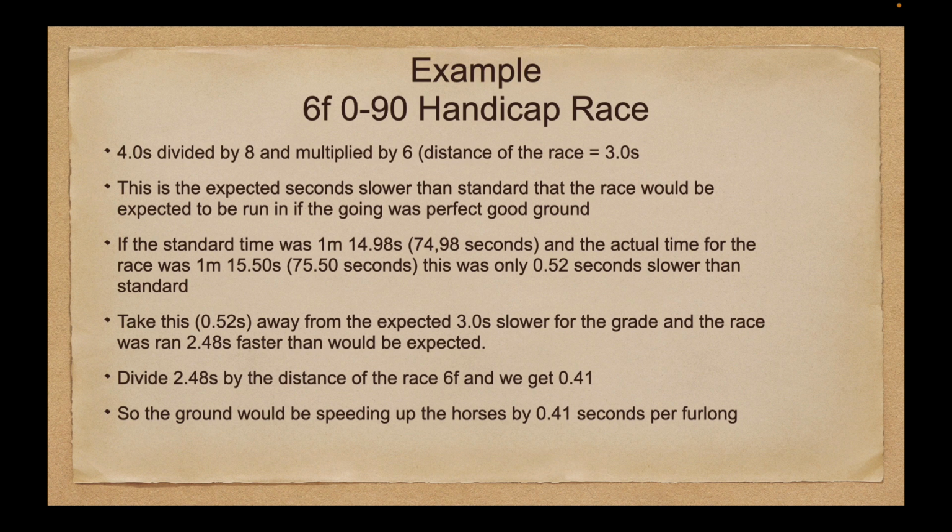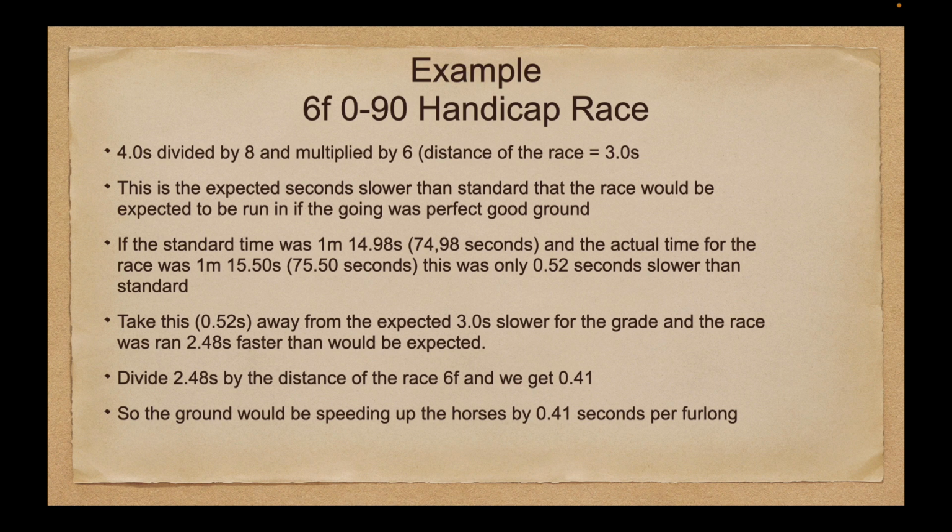So we would expect this race to be run 3 seconds slower than the standard time if the ground was perfect. So in this example, if the standard time was 1 minute 14.98 seconds, which is 74.98 seconds, and the actual time for the race was 1 minute 15.5 seconds, which is 75.5 seconds, this was only 0.52 seconds slower than standard.